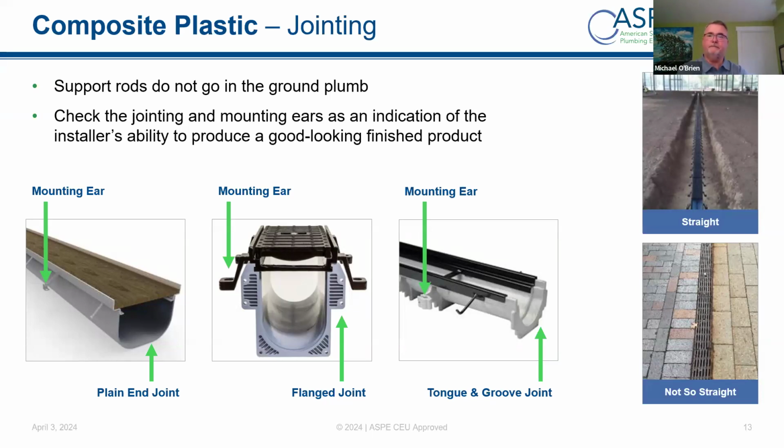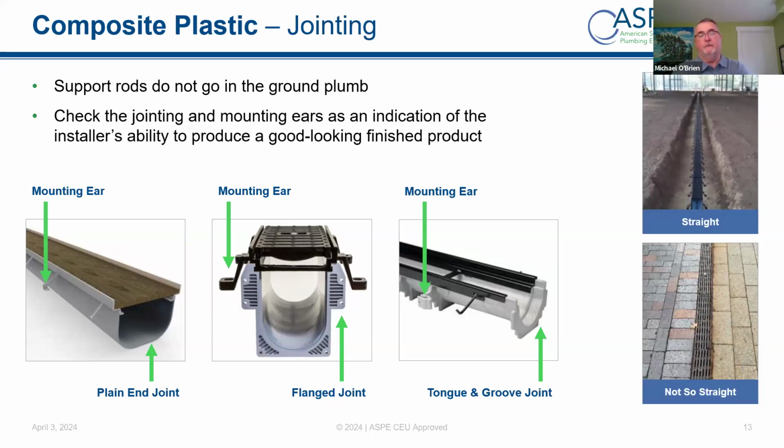And for the tongue and groove, is there a locking mechanism as well, or is it just the tongue and groove? I believe so. I don't have knowledge of all the manufacturers of these types, but I believe it is just a tongue and groove. So it kind of clicks in, and the support rods are kind of keeping it together.